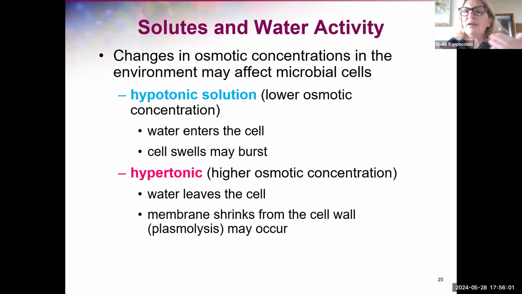So there is always a level of tolerance and systems that are in place that allow the cells to keep on working and growing and dividing, even if the environment changes around them a little bit, not too much, a little bit, but these mechanisms are in place.